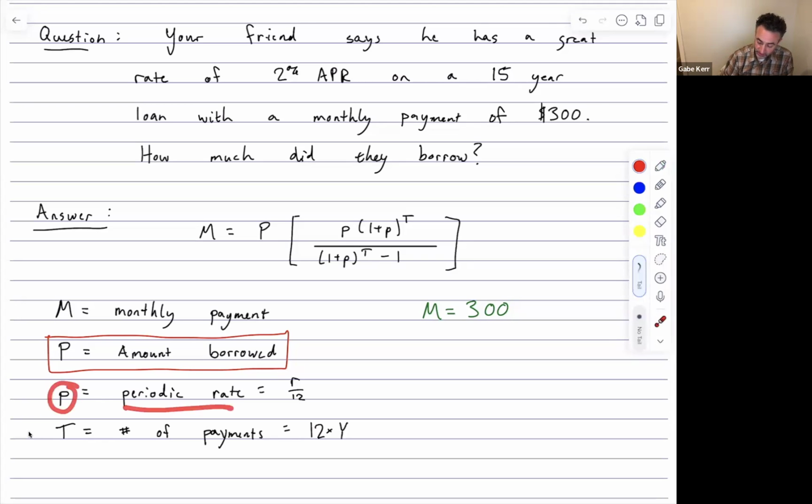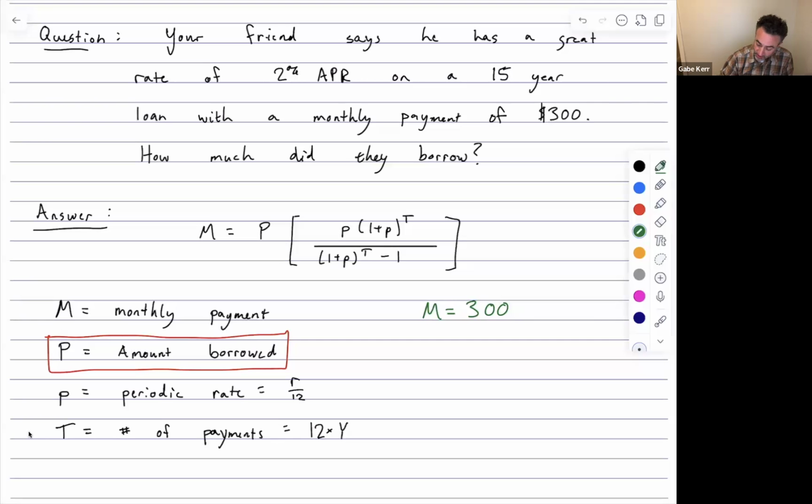Lowercase p is the periodic rate. This one is not given directly to us, but we can find it by knowing the actual rate, the APR. The APR is given to us as, sorry, not 0.2, it is 2%, which is 0.02.